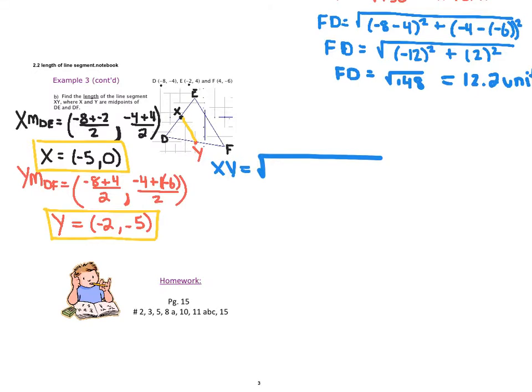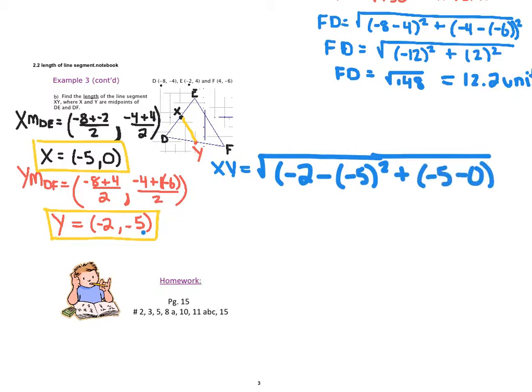So the differences in our X points is what we're looking at. So let's start there. So -2 subtract -5 squared plus, now we look at the Y's. Okay? We would go -5 subtract 0 squared.